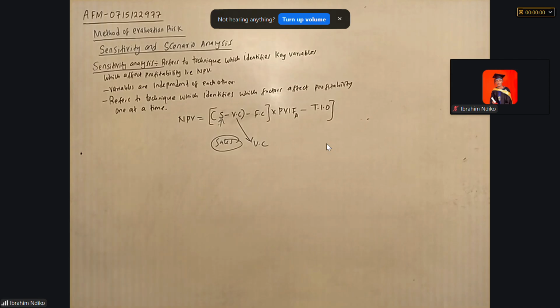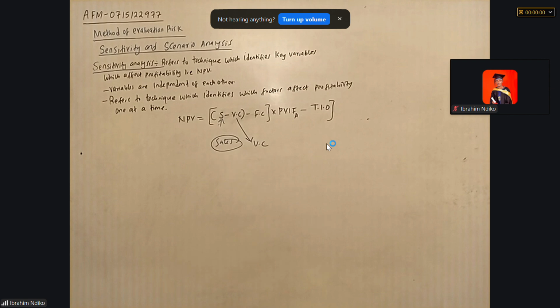So each variable, whether sales, variable cost, fixed cost or total cost, is identified, then measured separately to check how it affects the profits. So the first technique identifies which factors affect profitability one at a time.